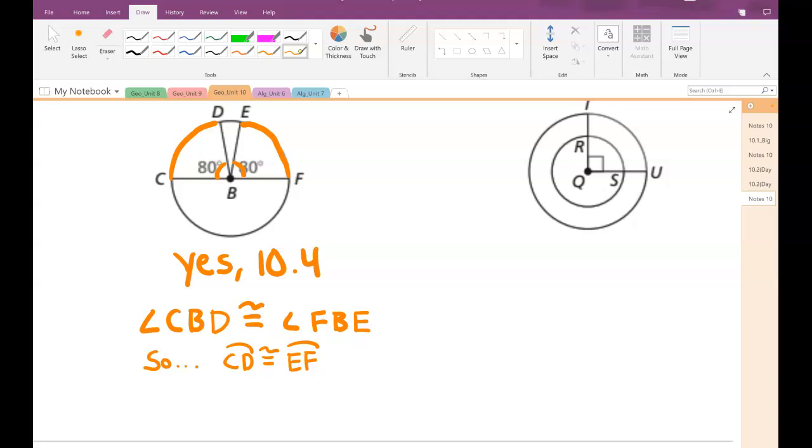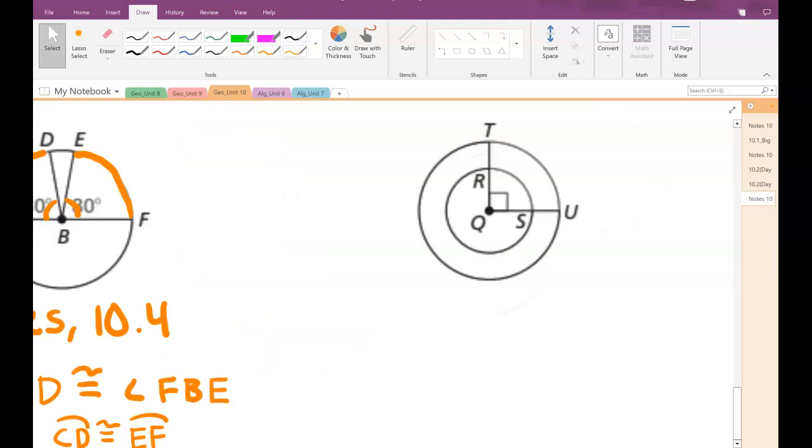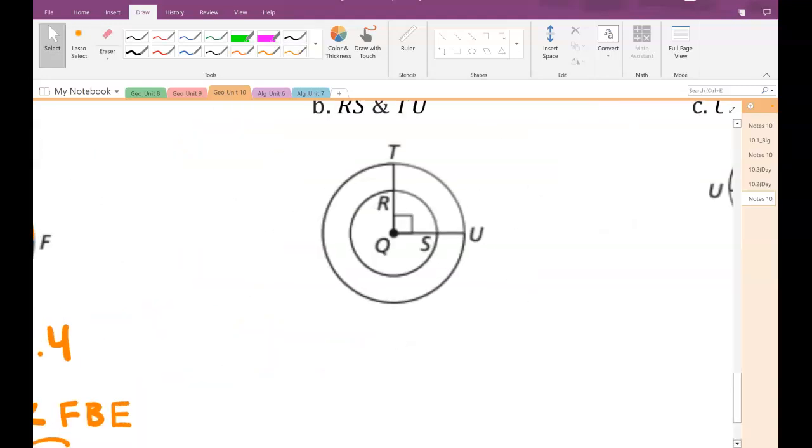In the next example, we have concentric circles. That's the term for a circle inside another circle. So these two circles are similar, but they're not congruent, right? Because if I expanded this circle out so the radius was the same length, then they would be congruent.